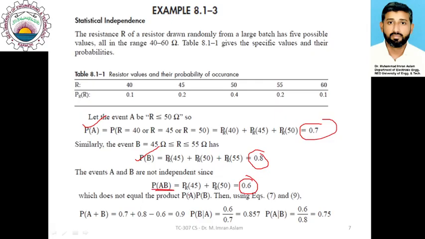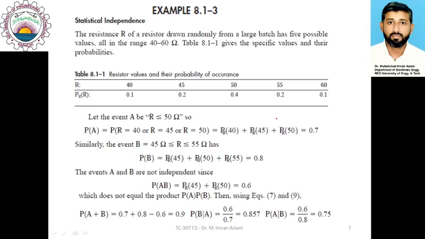So the intersection probability is not equal to the product of individual probabilities. Therefore, the selection of the resistance is not independent. So we conclude that the selection is not independent.